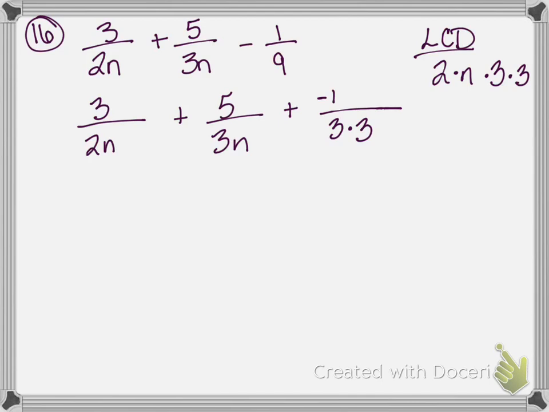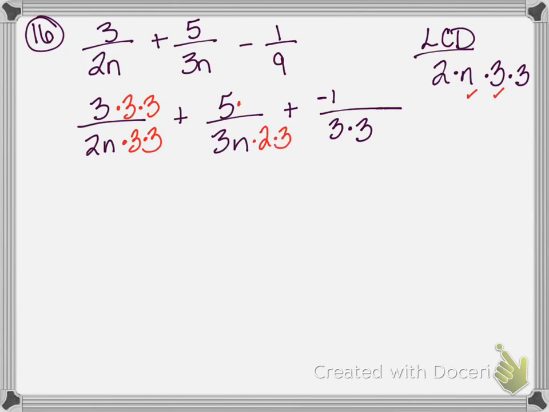Now I go back and say, what is missing from each one of these? So my first one, I've got the 2 and the n, but I'm missing the 3 times the 3. And since I multiply the bottom by 3 times 3, I have to multiply the top times 3 also. For the second one, I have a 3 and I have an n, but I'm missing a 2 and a 3.